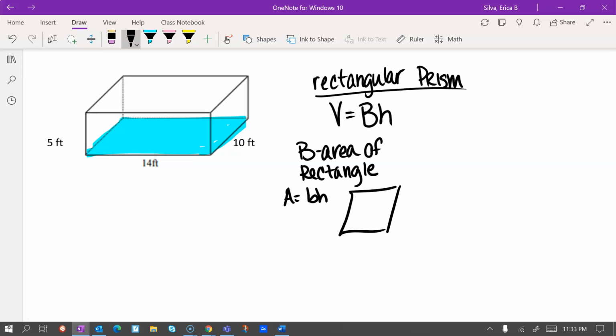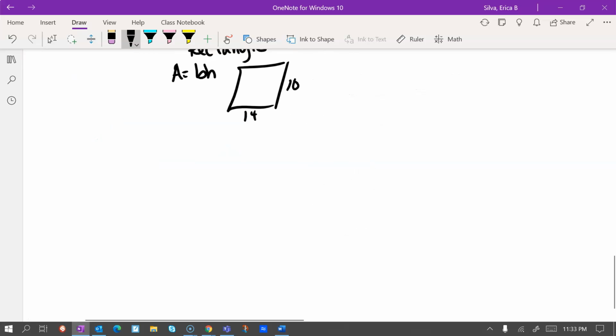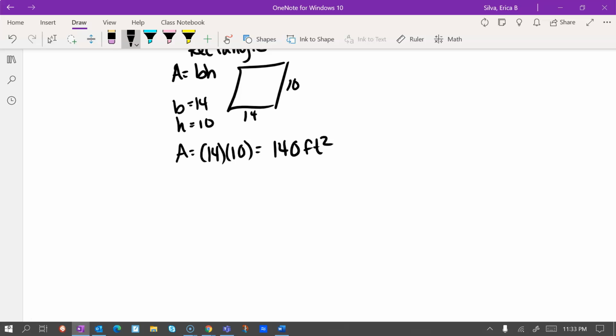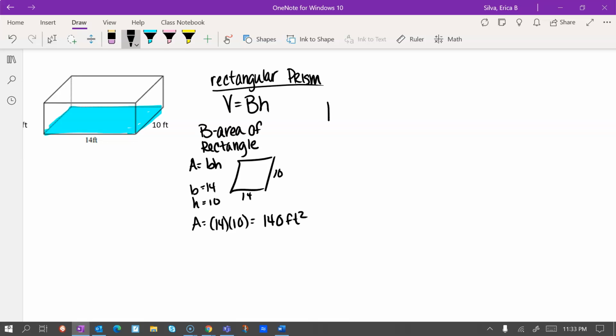So let's go ahead and redraw that base. This is 10 and this is 14. So my base is 14. My height is 10. So when we plug it in, we have 14 times 10, which gives us an area of 140 feet squared. So that's my capital B, it's 140 feet squared.